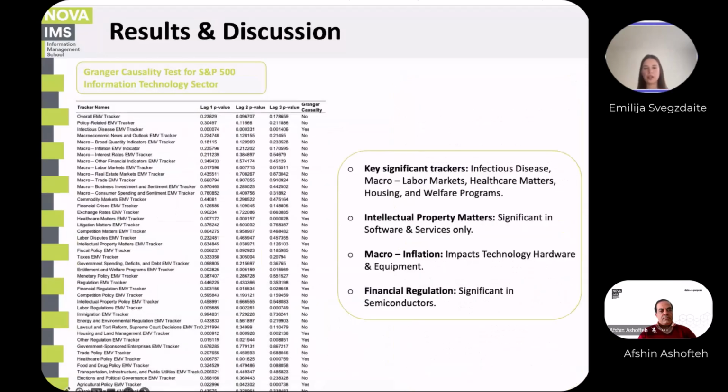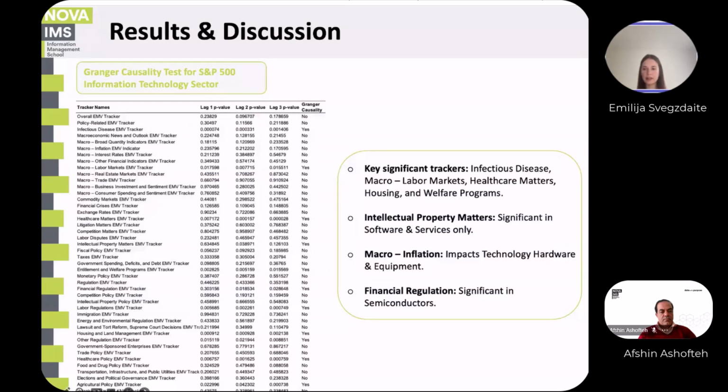So the results from the Granger causality tests reveal that different economic and regulatory factors, as captured by the EME trackers, influence sectors in distinctive ways. For instance, infectious disease and labor market affect all sectors because they reflect widespread issues such as pandemics or employment trends that impact the entire economy.